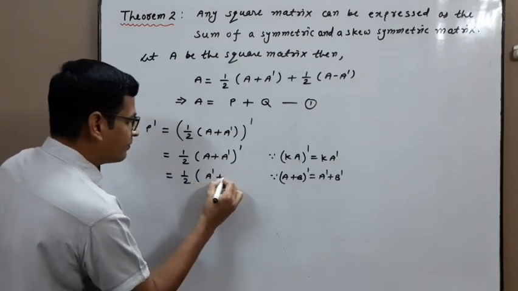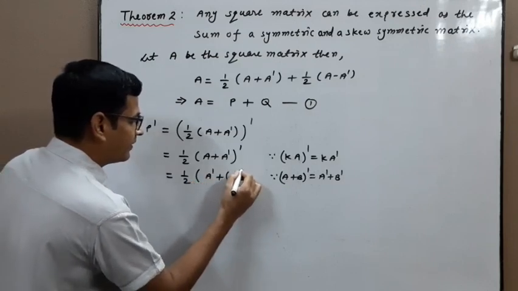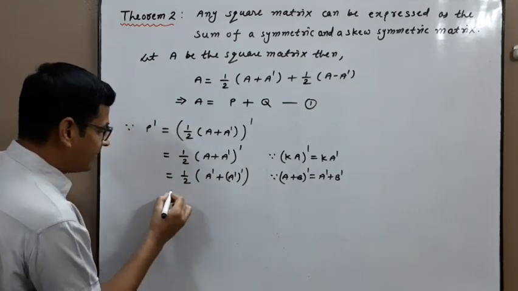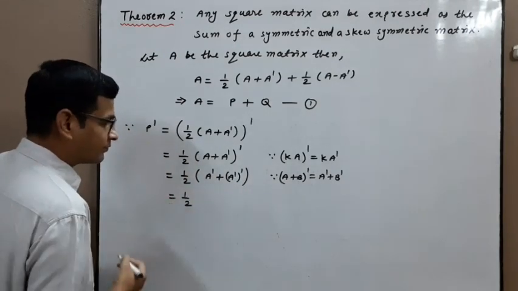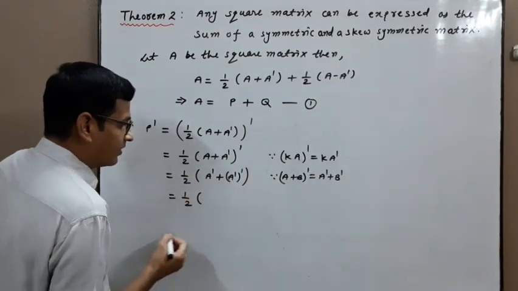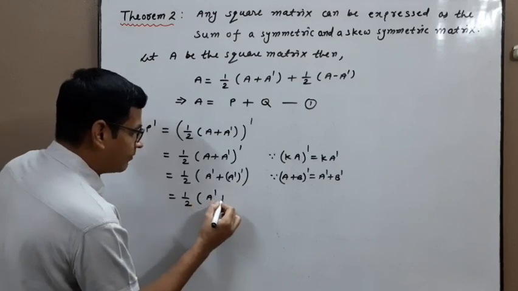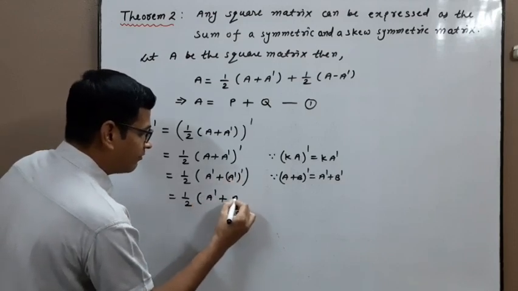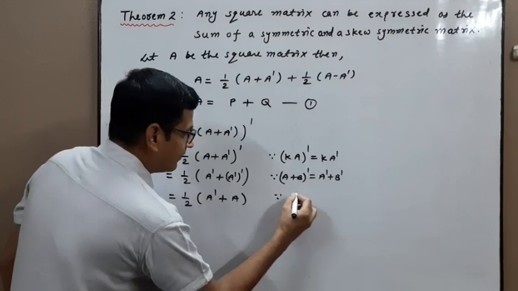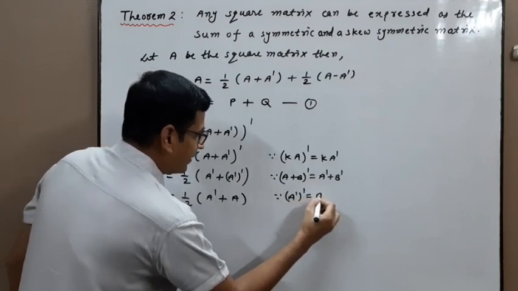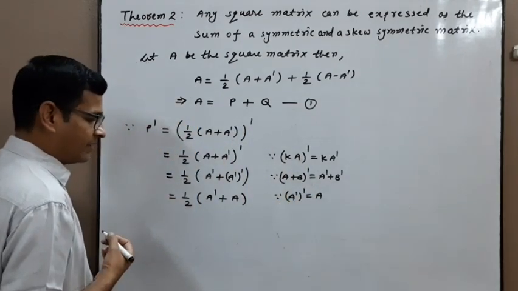So A transpose plus transpose of A. Next step, 1 by 2 (A dash plus transpose of A), and transpose of A is equal to A. Properties of transpose of matrix.